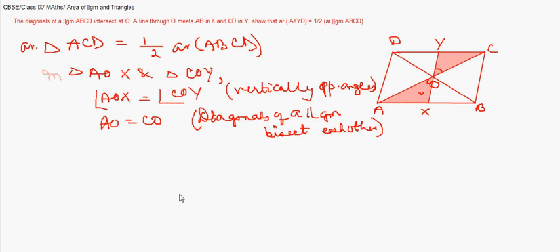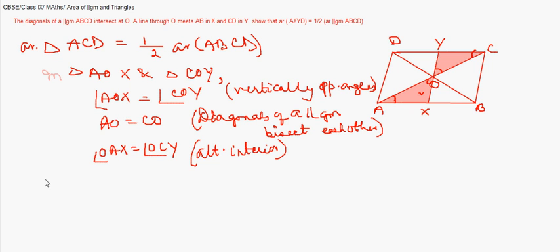The third one, this angle will also be equal to this angle, thereby we can use ASA. Why? Because when CD is parallel to AB, these two become alternate interior angles. So I write angle OAX is equal to angle OCY, alternate interior.